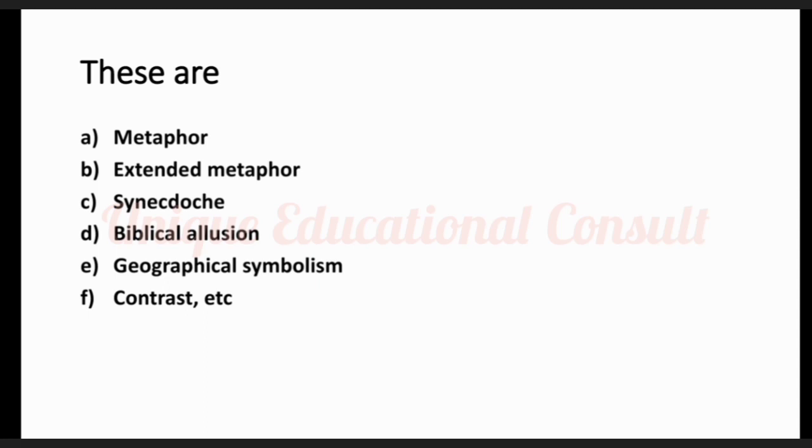Now let's go to symbolism. And this has to do with geographical symbolism. In John Donne's The Good Morrow, the case of geographical symbolism therein is underscored by the rhetorical questions put forward in lines 17 and 18.